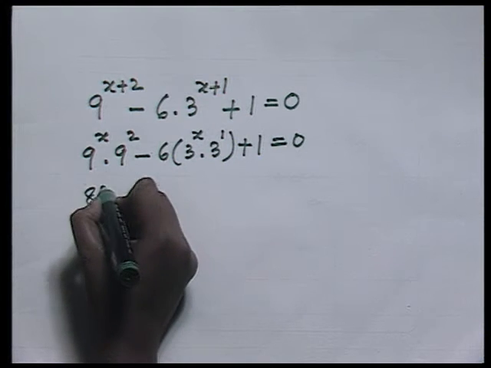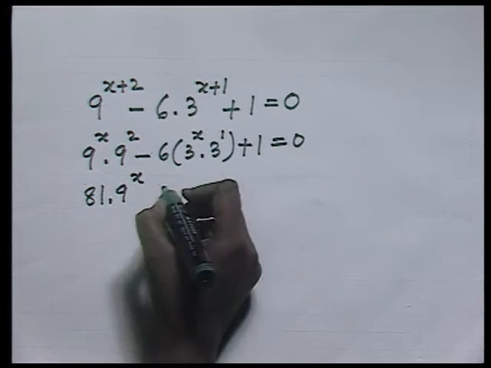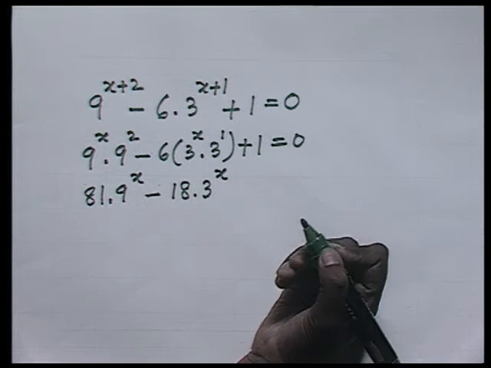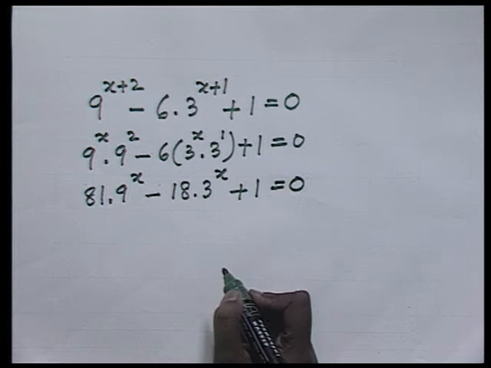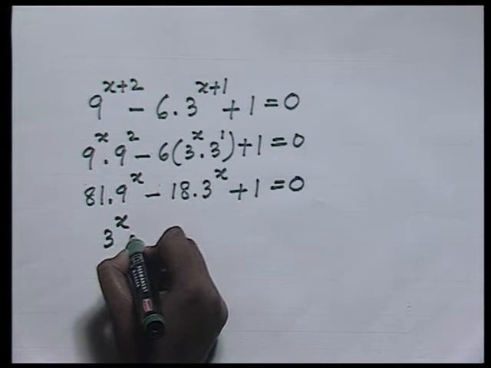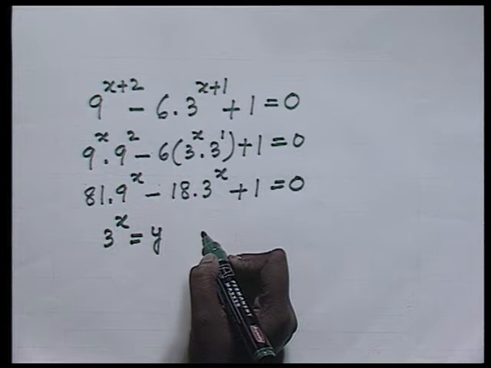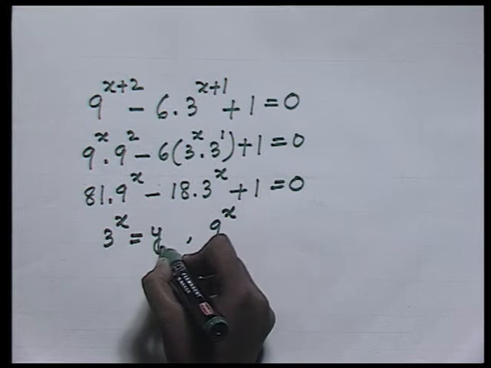That is 81 into 9 raised to the power x minus 18 into 3 raised to the power x plus 1 equal to 0. Now, suppose we substitute y as 3 raised to the power x. Then what will be the value of 9 raised to the power x in terms of y?